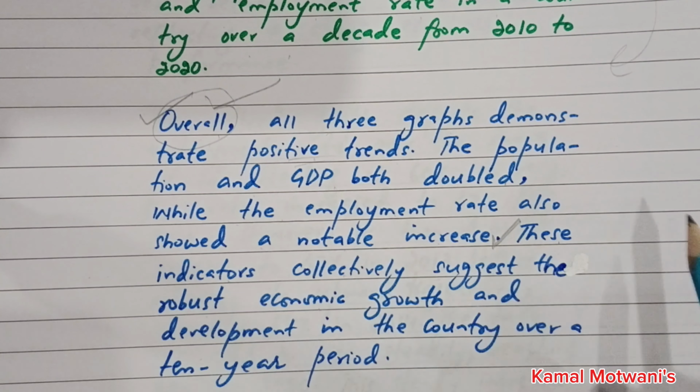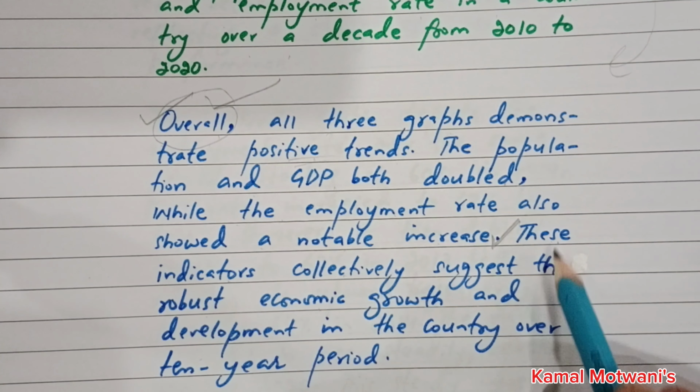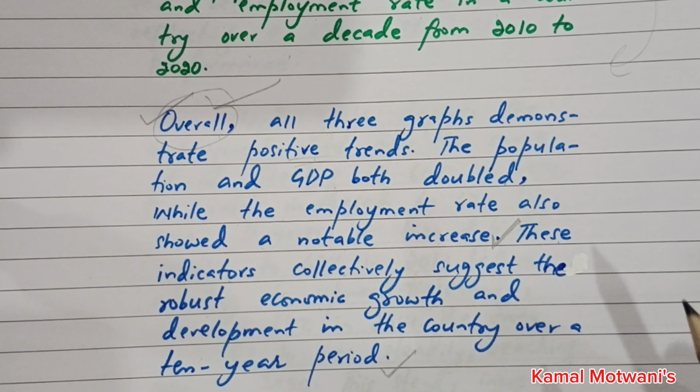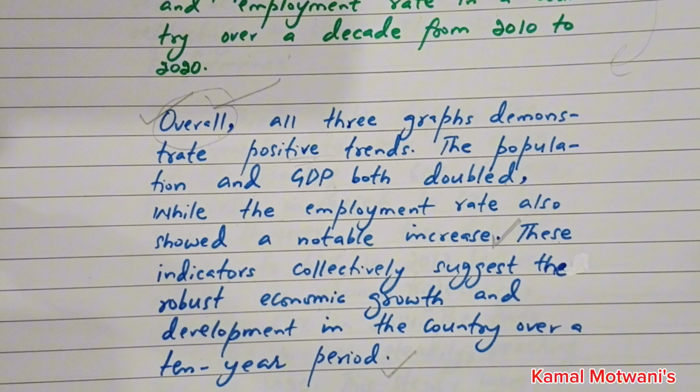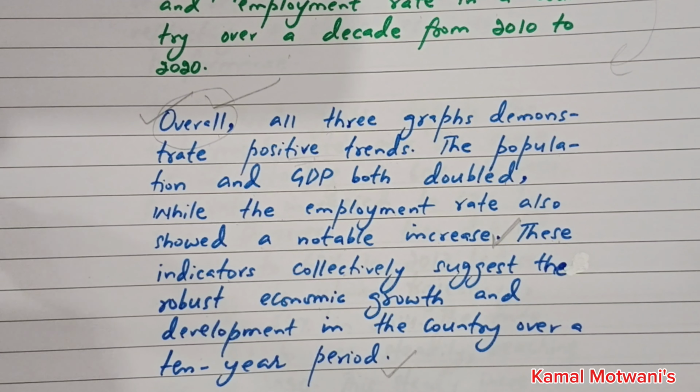Okay, this is what we observed in the graphs, but this information I have added from my side in order to give a critical overview in this task as well, because this impresses the examiner a lot, that is, what your thought process is regarding the upward trend or the improvement.